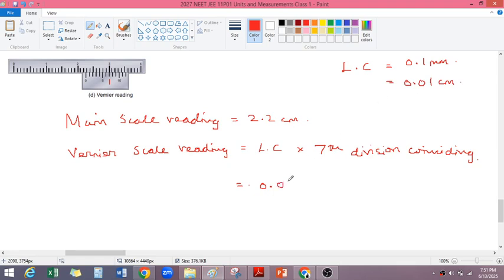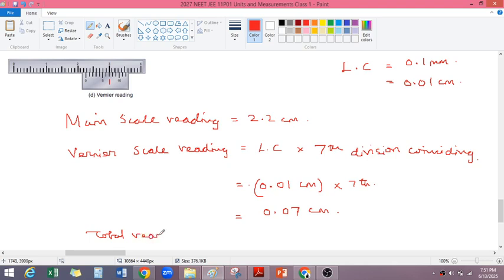This 0.01 centimeter, which is the least count, multiplied by the seventh division, means this is 0.07 centimeter.